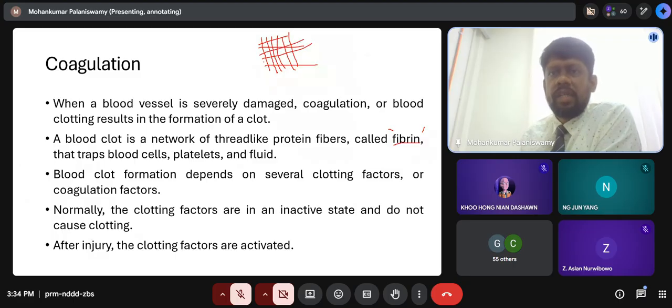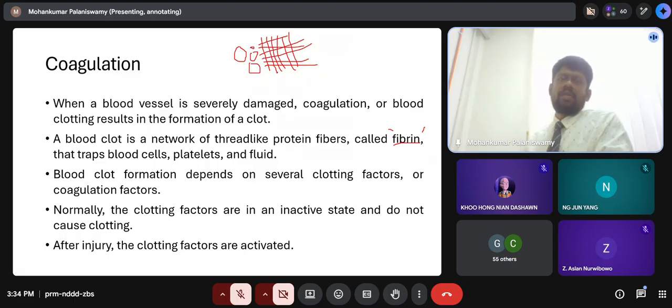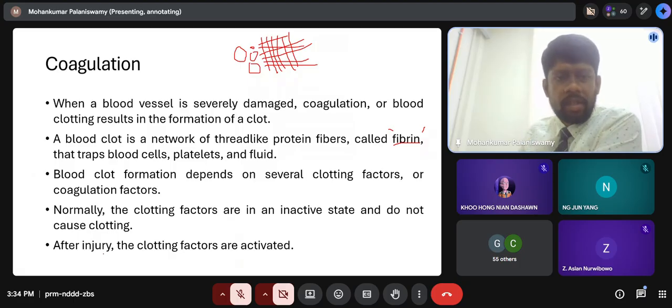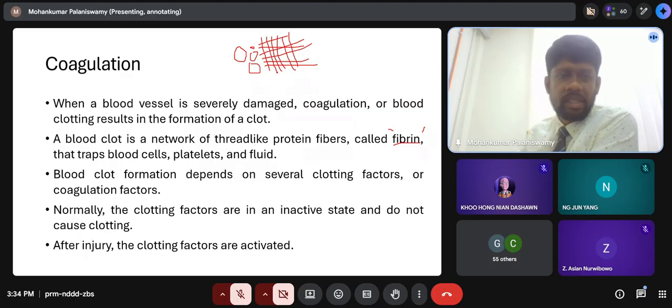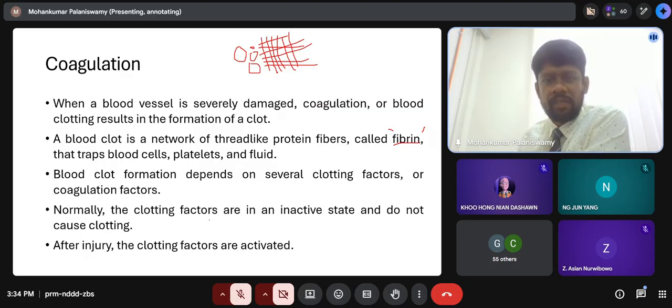These fibers are activated and will prevent the RBC cells from passing beyond them. It will just stop the RBC cells, WBC, platelets, all those things, right? Blood clot formation depends on several clotting factors or coagulation factors. Normally, the clotting factors are in an inactive state and do not cause clotting.